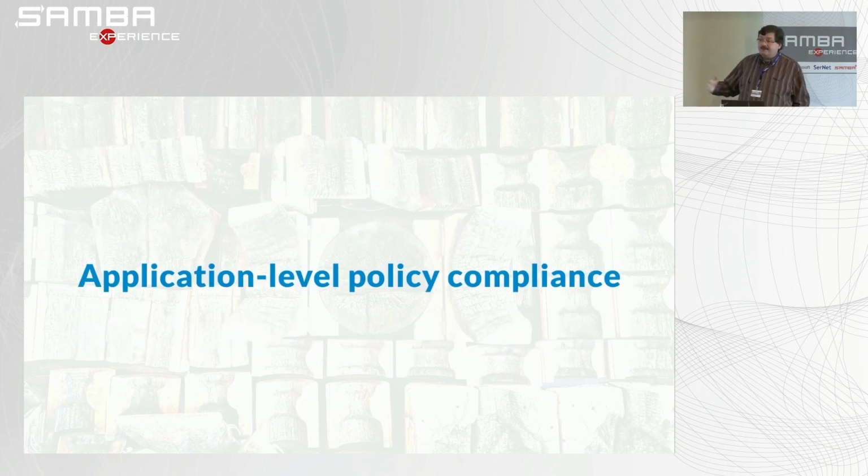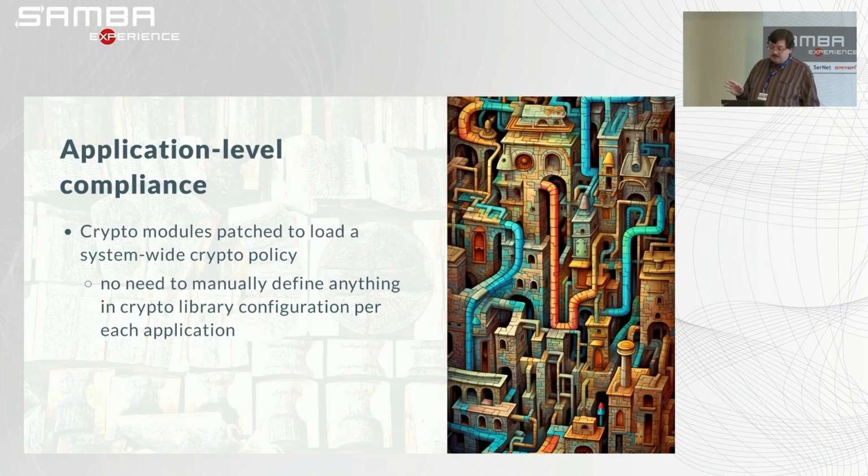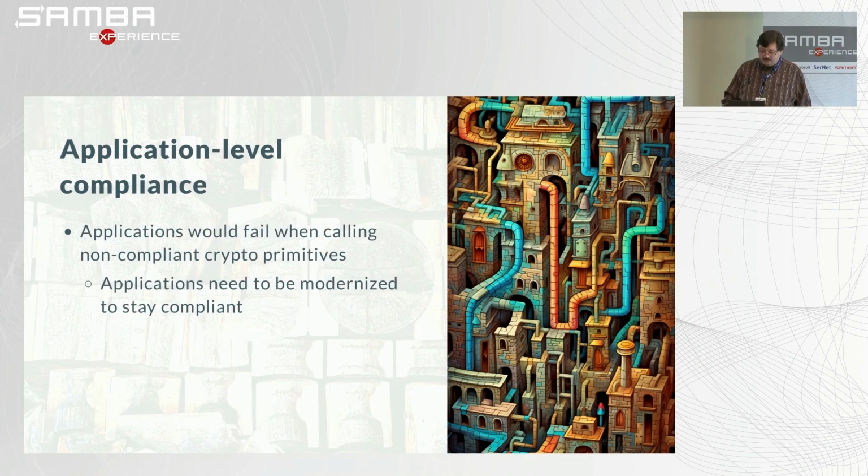And then when you have all these defaults, you can trigger compliance for the applications in a wider way. One thing I said already is that libraries are patched to load these defaults. You don't need to manually define this for every single application because defaults apply universally. What happens is that if a non-compliant crypto primitive is called, the application will fail because the library will fail to use it.